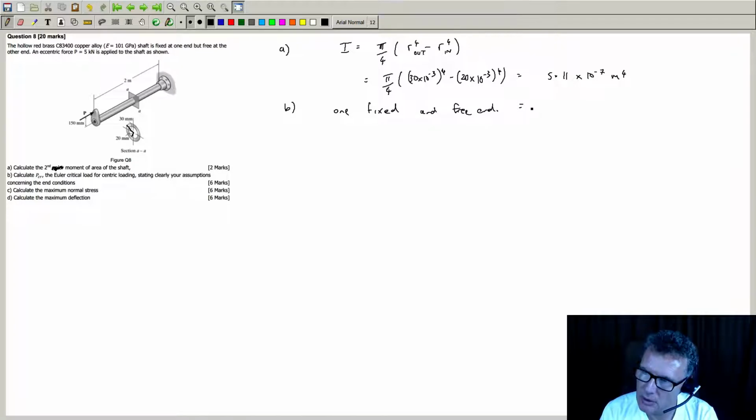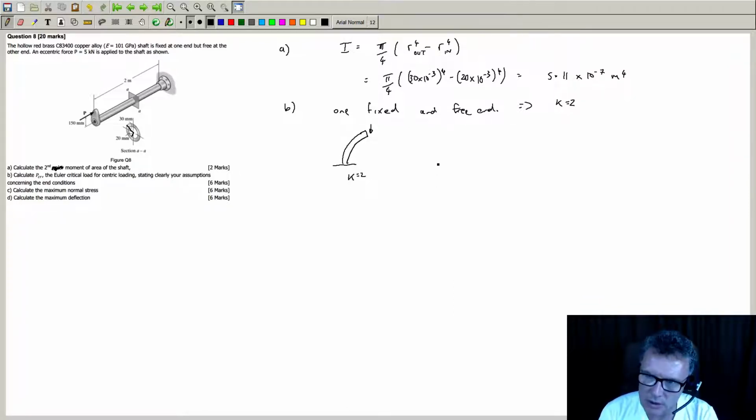So therefore, on my formula sheet, K equals 2. You're going to need to learn these ones, but it's more than likely to be this particular case. So fixed end and a free end to move: K equals 2.